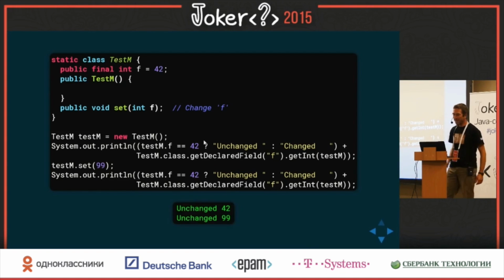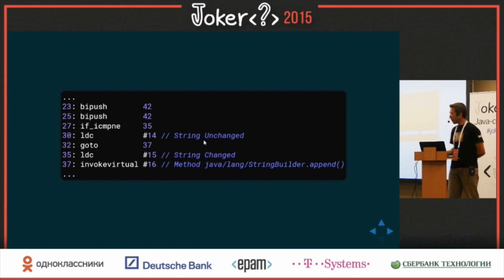So why does it print 2 times unchanged? Because primitive final fields are treated as constants in Java, and they are just replaced already by javac in the bytecode. So the bytecode generated for this main method looks like this.